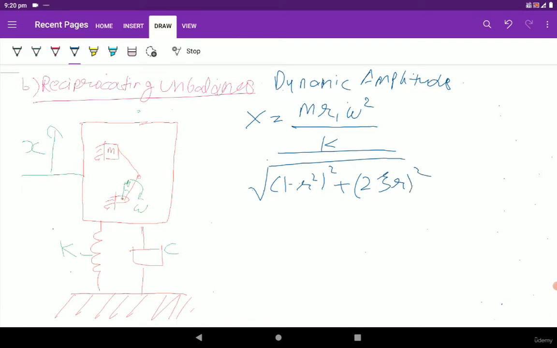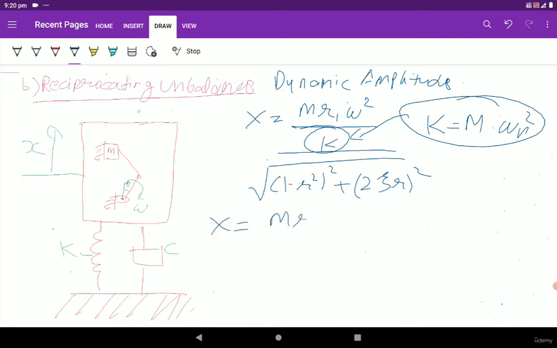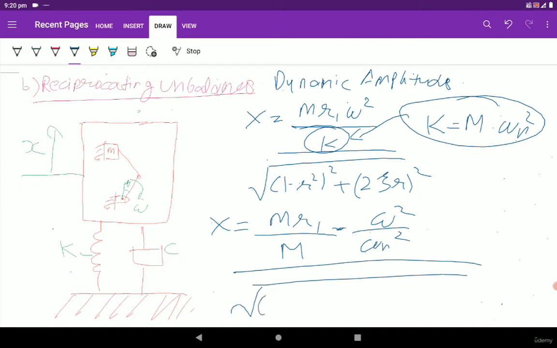Here k is equal to capital M omega n square. So after substituting the value of k in this expression, we are going to get x is equal to small m r1 divided by capital M times omega square by omega n square, divided by under root of (1 minus r square) whole square plus (2 zeta r) whole square.